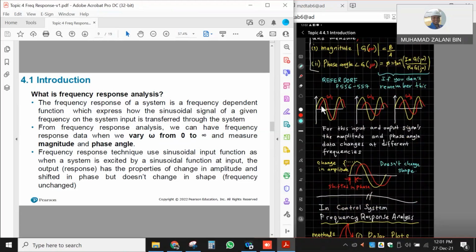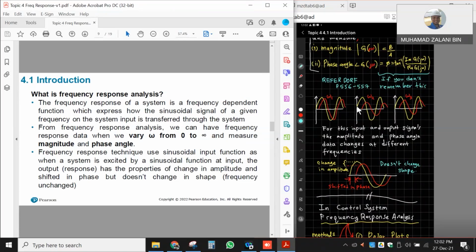The frequency is the same, but the magnitude and also the phase angle now change. Similarly, at another frequency omega 2, if we excite with the yellow one, we will see the response at the output as the red signal.